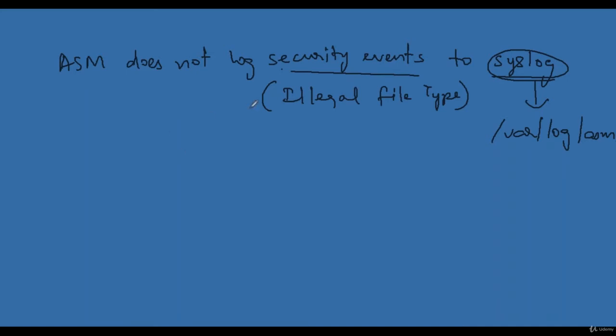Usually, for any ASM security event which happens, the log created corresponding to that will have a specific description: the rejection description, why the request is blocked, and the request violation which has been triggered.